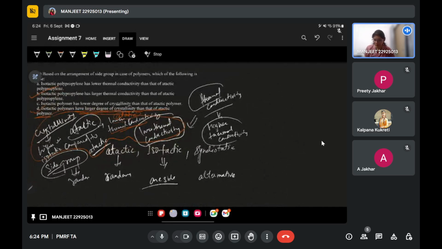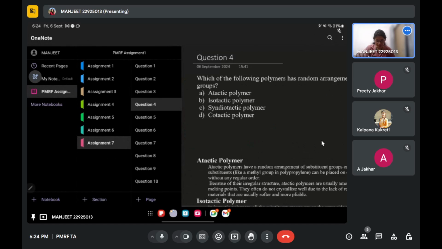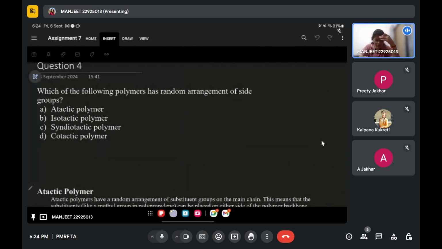Okay, then let's move to question number 4. Which of the following polymers has the random arrangement of the side group? As we discussed in the last question, the random arrangement of the side group belongs to the atactic polymer. So A is the correct answer.